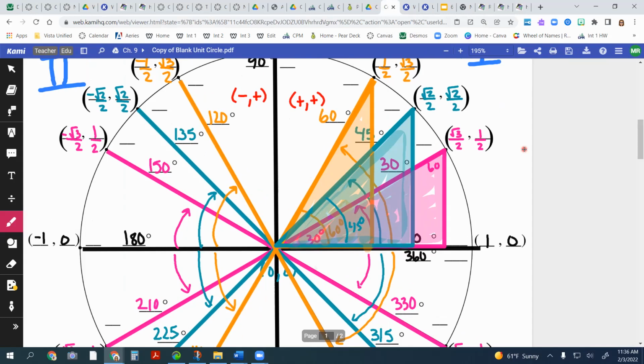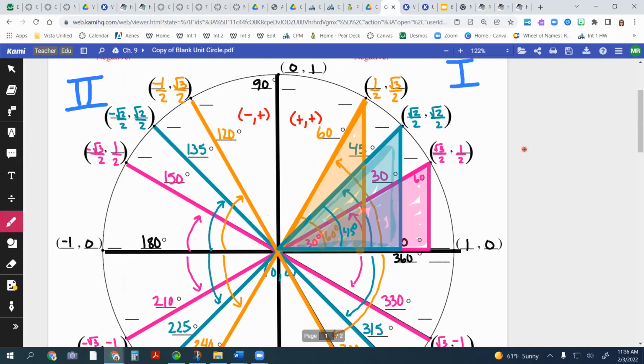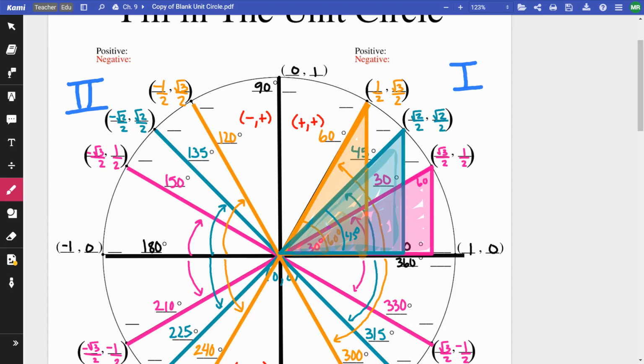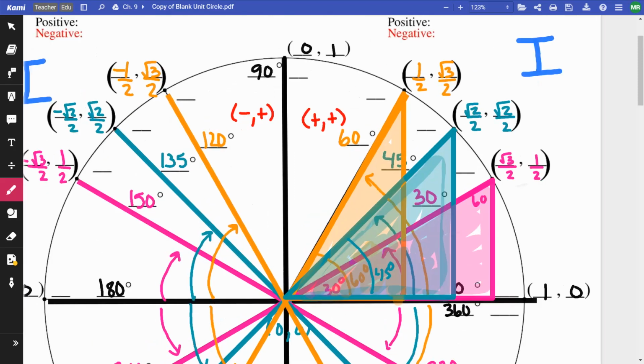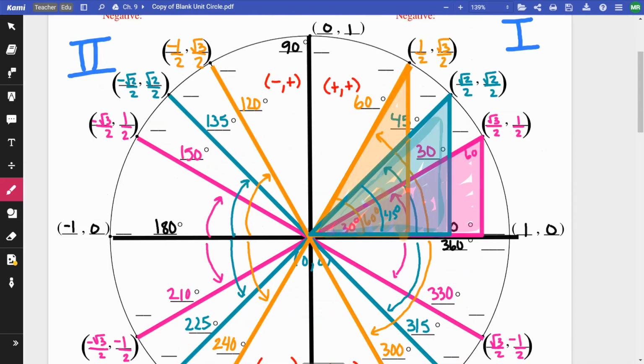Okay. So now we're going to talk about something called radians on our unit circle. Okay. So when we are talking about radians, you see there's this other blank spot that they left here, that's for our radians. So this one is our degrees, this one's our radians, this one's our degrees, this one's our radians.